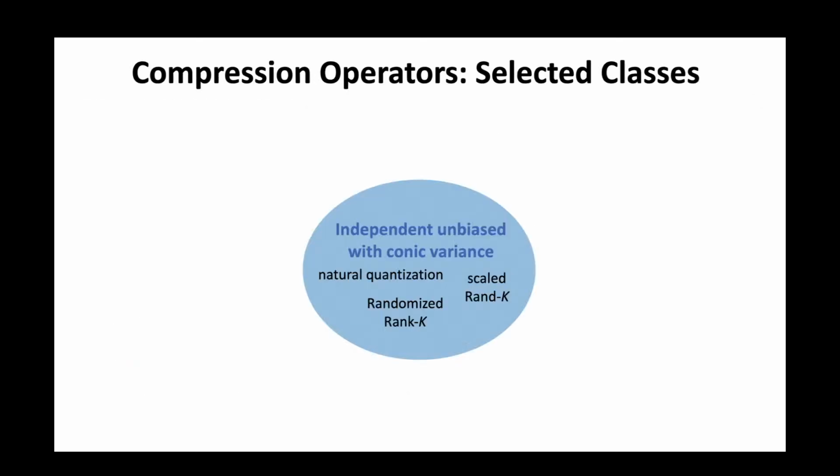Now, there's a whole bunch of compression operators that were suggested in the literature. The most common is this class of independent, unbiased compressors with conic variance. I'll give you the definition soon. Some examples of this are natural quantization, randomized low-rank approximation, scaled sparsification, and so on and so forth.